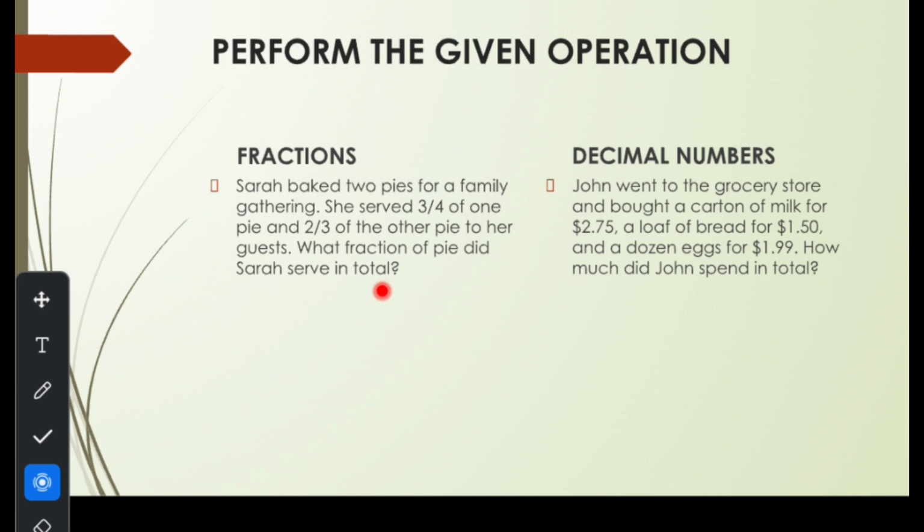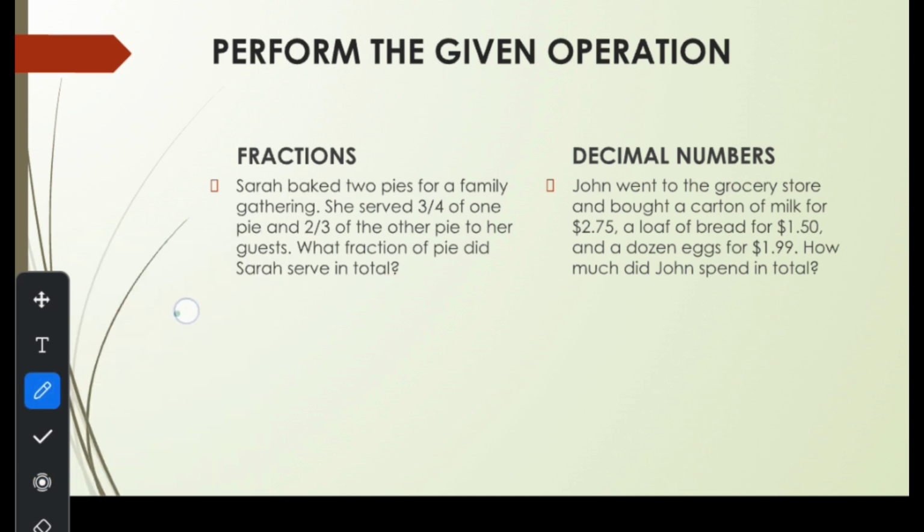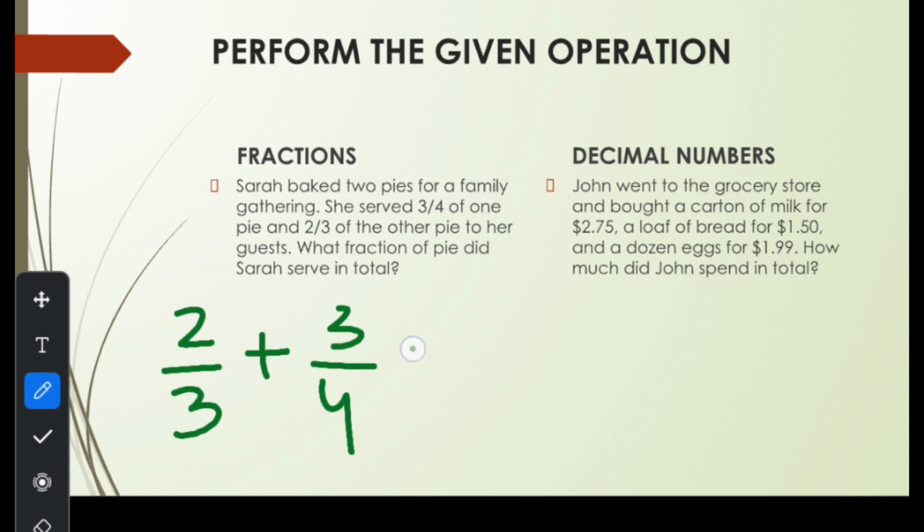Again, you can focus on the last word, which is total. In this question, again, you need to add these 2 fractions: 2 over 3 plus 3 over 4. Over here, the denominators are different, so we need to take the LCM. In order to make 3 into 12, we need to multiply it by 4.